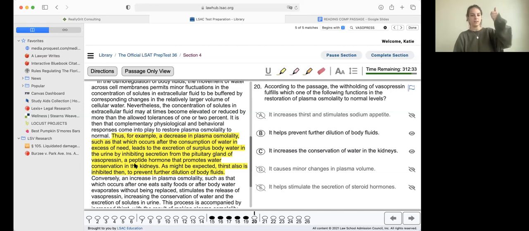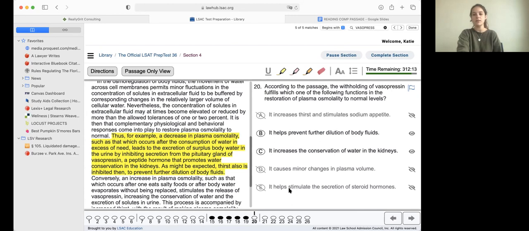So if vasopressin promotes water conservation and we inhibit it, so we stop it, that means we're not going to have an increased conservation of water in the kidneys, because less vasopressin would be there. Yes, it's a trap, absolutely. Whereas B, it's literally in this last sentence right here.